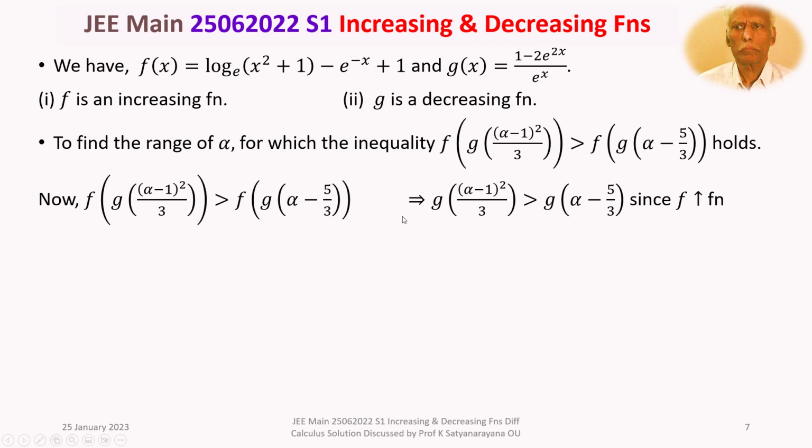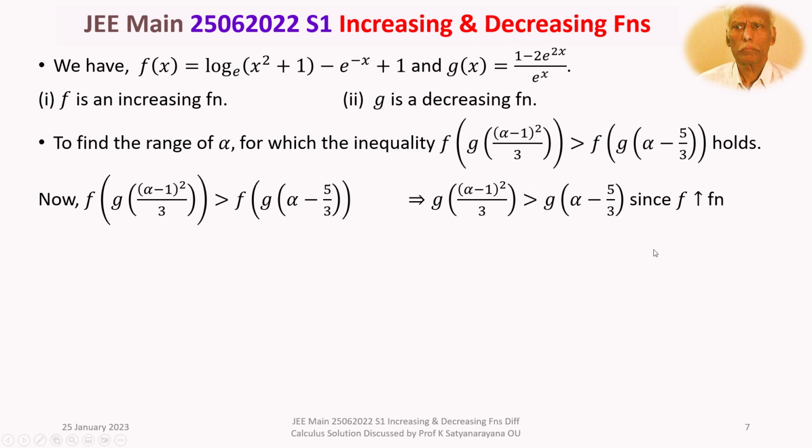This will imply f of x1 greater than f of x2 implies x1 greater than x2. Why? Because f is an increasing function. Therefore, this will imply g of alpha minus 1 whole square by 3 greater than g of alpha minus 5 by 3.